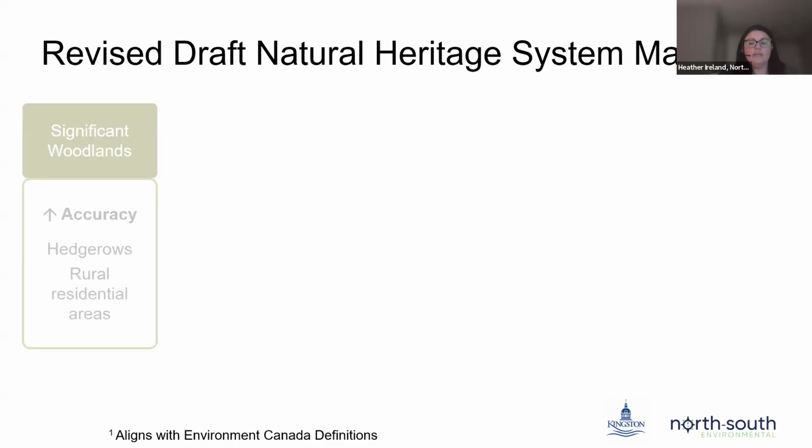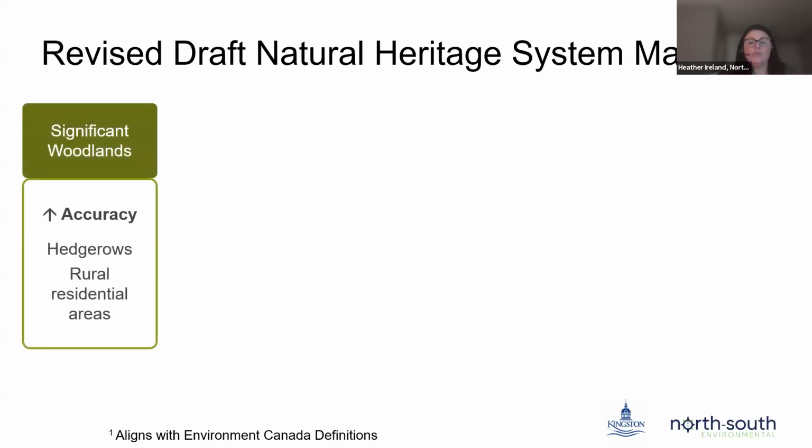So just to highlight quickly the revisions that have occurred. There have been revisions to some of the significant woodlands mapping. These were manual refinements applied to improve mapping accuracy, especially related to hedgerows and rural residential subdivisions.